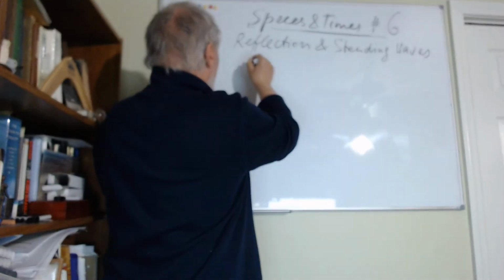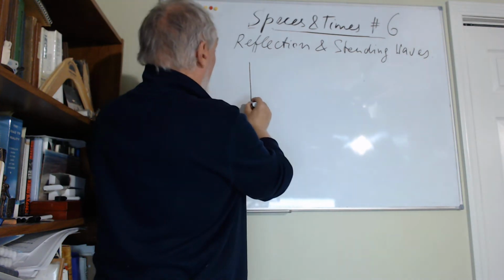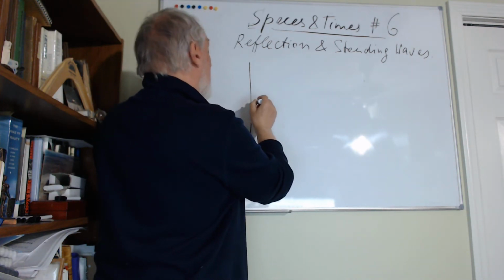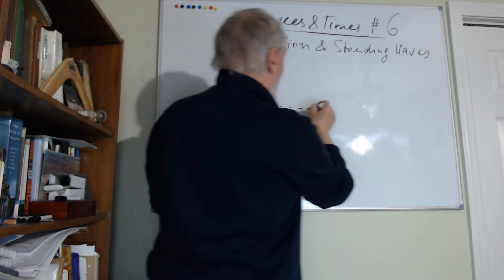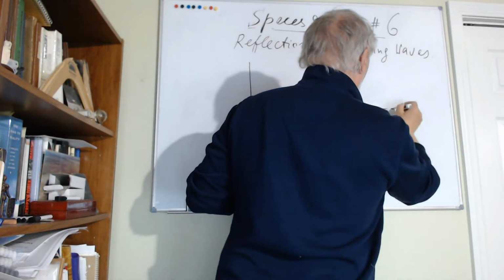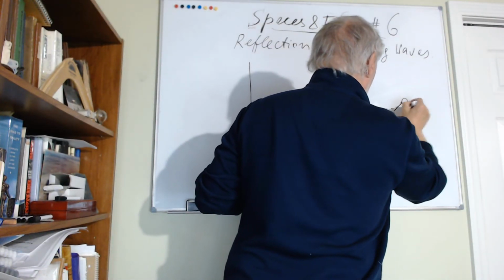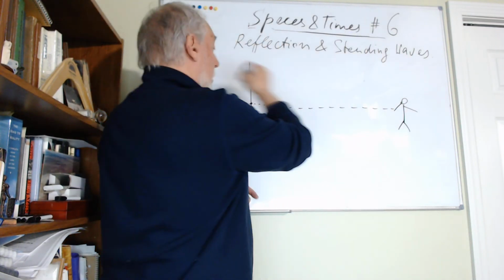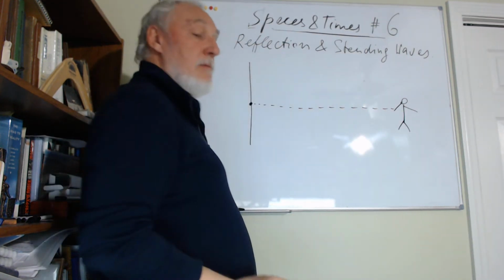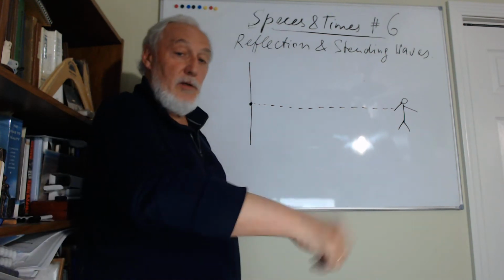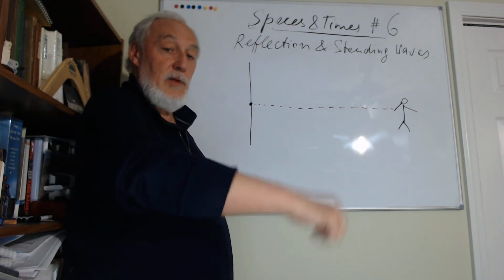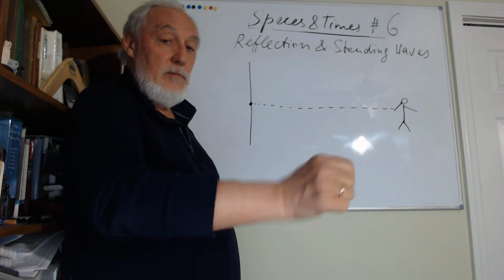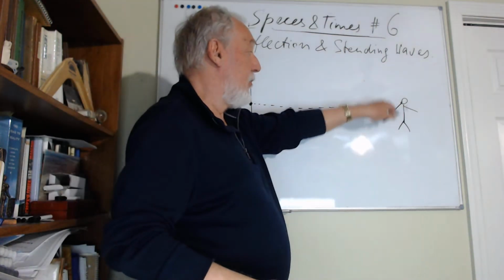So now let's talk about this. We have a wall, and there's a rope. Here we are standing and holding this rope, and the rope is fixed here. And we do like this, maybe you've done something like this with a rope, waving this part of the rope.